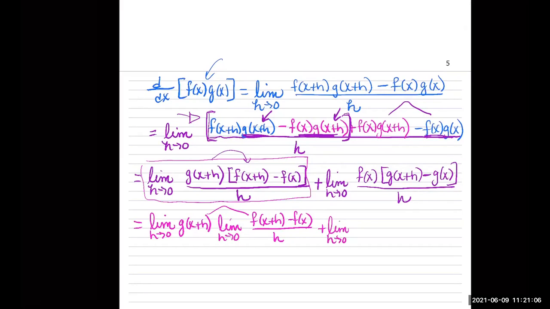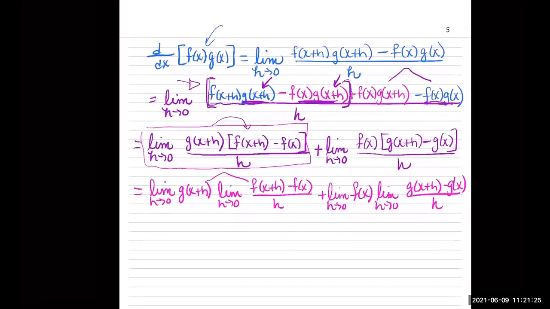I can rewrite that as the limit as h approaches 0 of f of x times the limit as h approaches 0 of g of x plus h minus g of x over h. And I hope that's starting to look a little familiar to you.